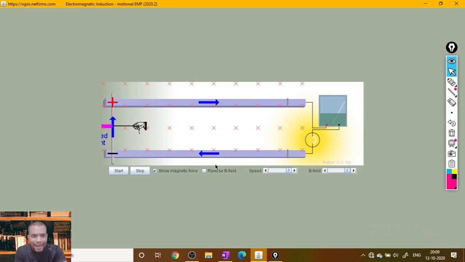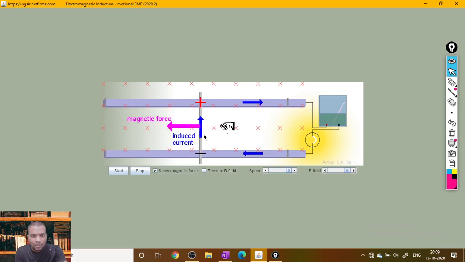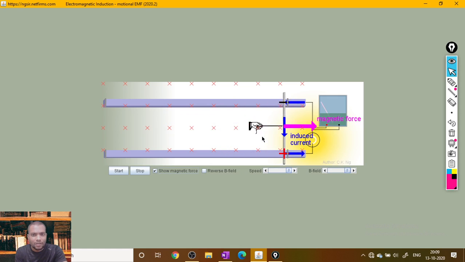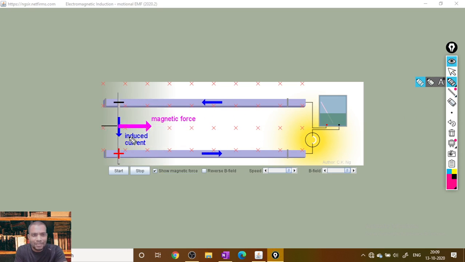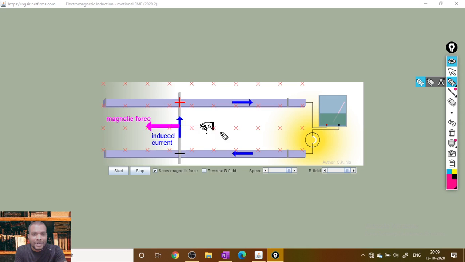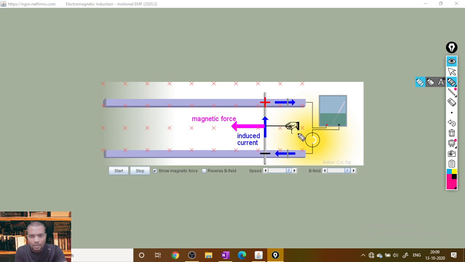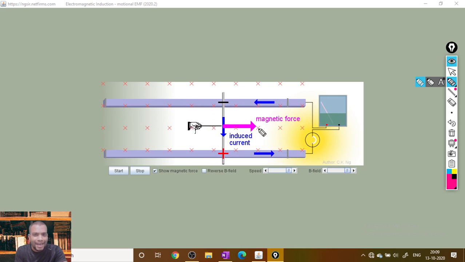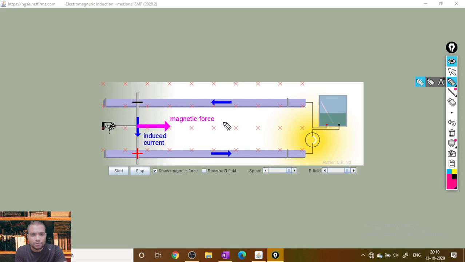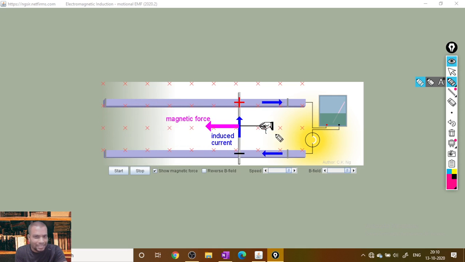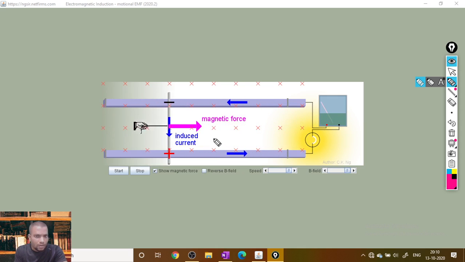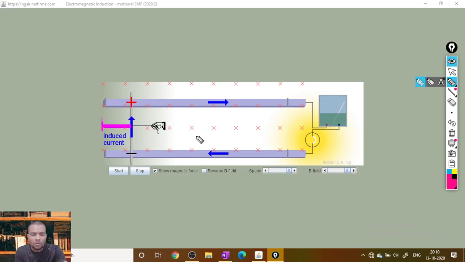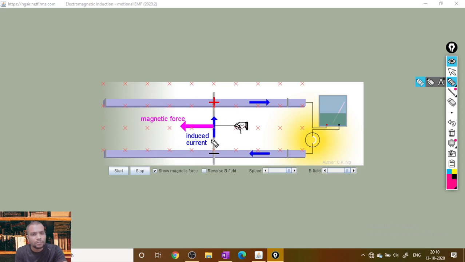If you take the magnetic force, here you can see two forces are acting. One is the force applied by me, by the hand, so that is the mechanical force. The second force that comes into action is the magnetic force. This magnetic force always acts opposite in direction to the applied force, and to find its direction we use Lenz's law.